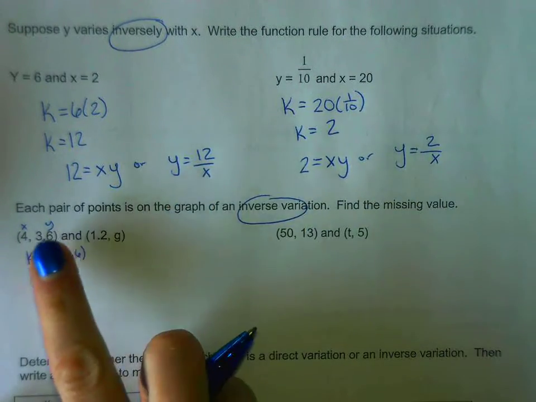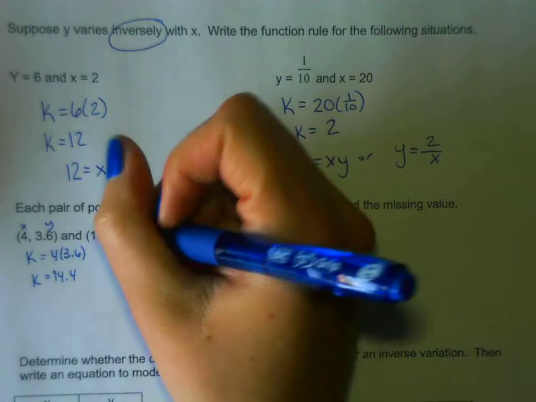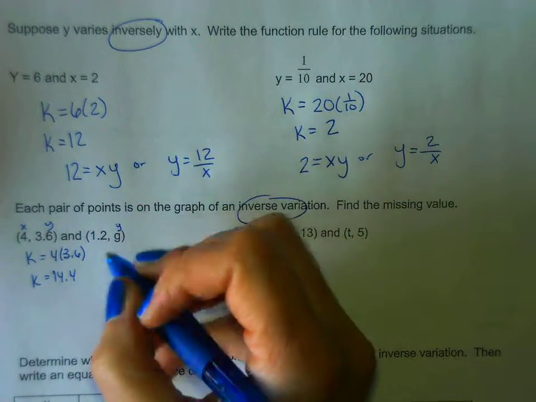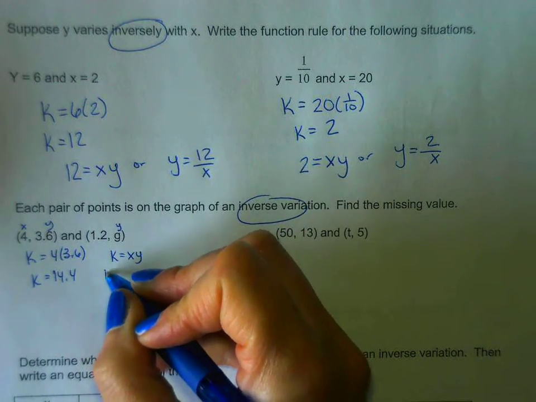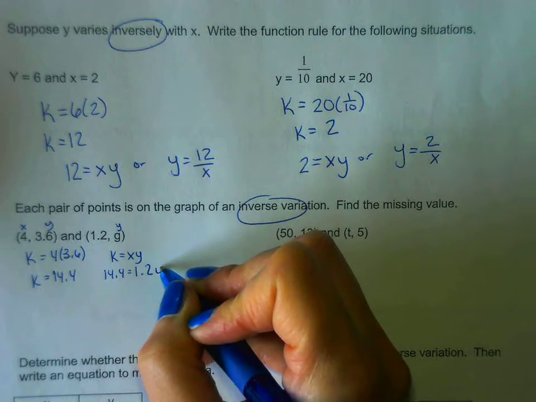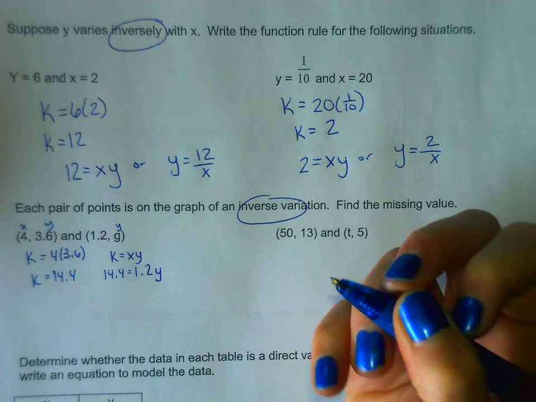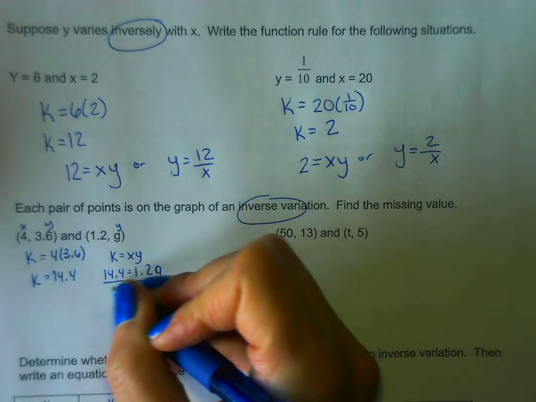So in order to find my missing y value, I know my constant equals x times y. My constant is 14.4. My x is 1.2. I'm trying to find my y value, which is actually technically a g. So if I divide both sides by 1.2, g will equal 12.